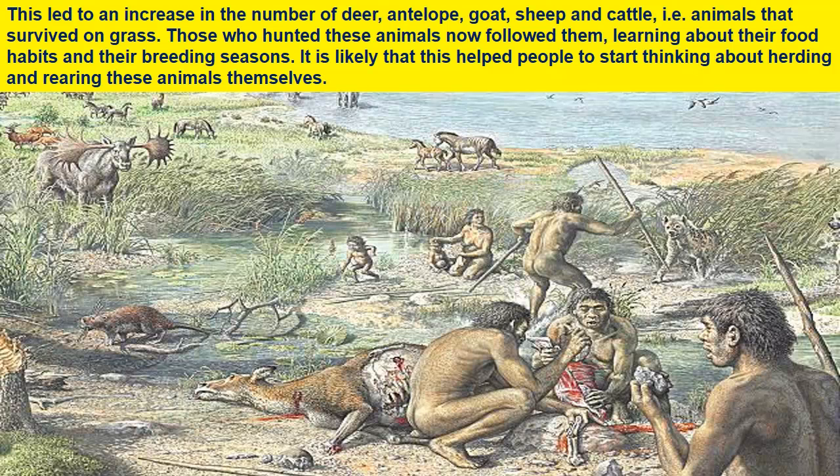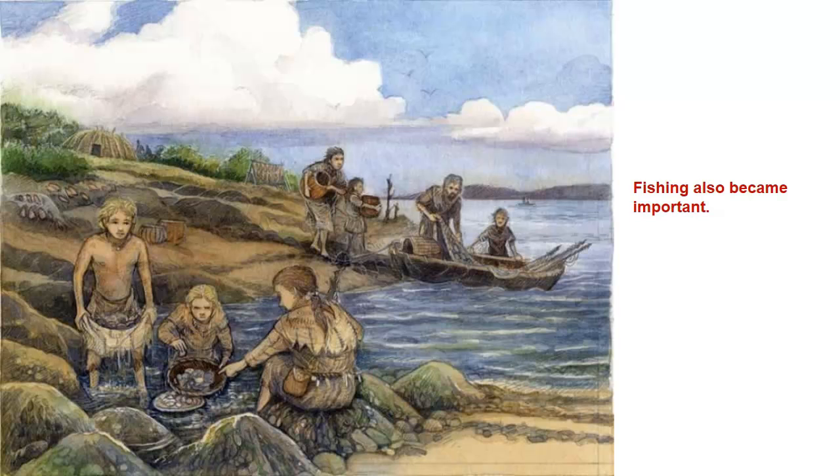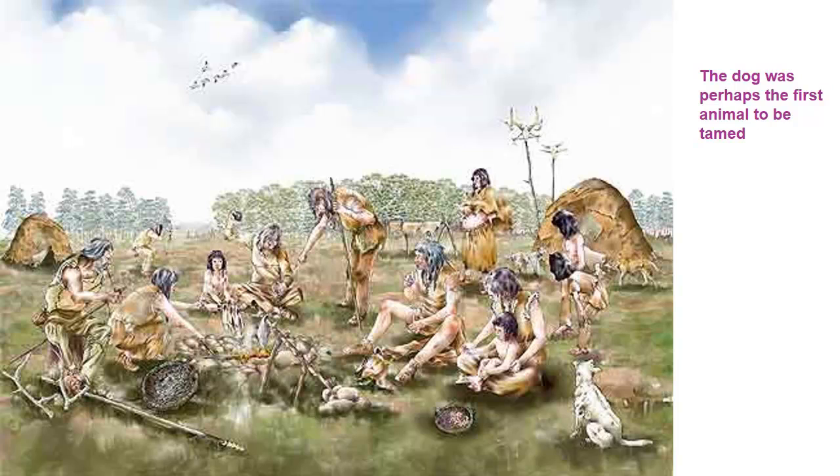It is likely that this helped people to start thinking about herding and rearing these animals themselves. So here, for the first time, people started rearing these animals. Fishing also became important. They started fishing also. And in fact, the dog was the first animal to be tamed.